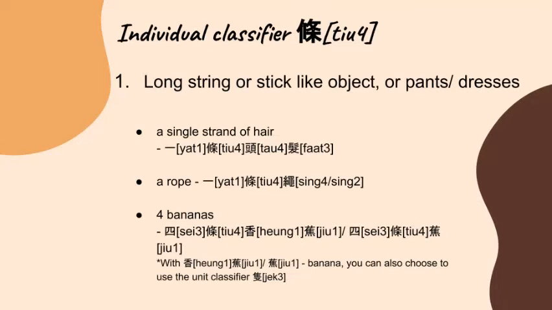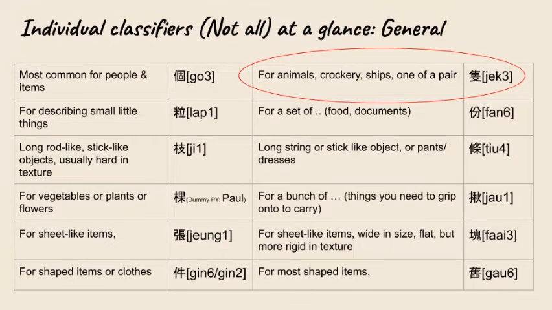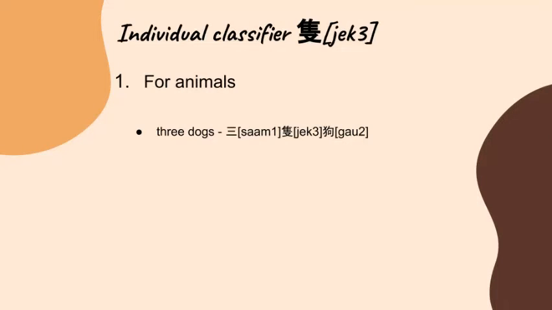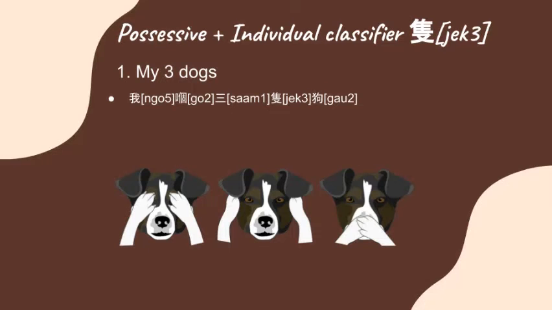With bananas, 香蕉 or 蕉, you can also choose to use the classifier 隻. 隻 is often used for animals, living organisms, as well as distinguishing the singular from a pair or multiples. For animals, for example, 三隻狗, 3 dogs. And then for my 3 dogs, you can say 我嗰3隻狗.